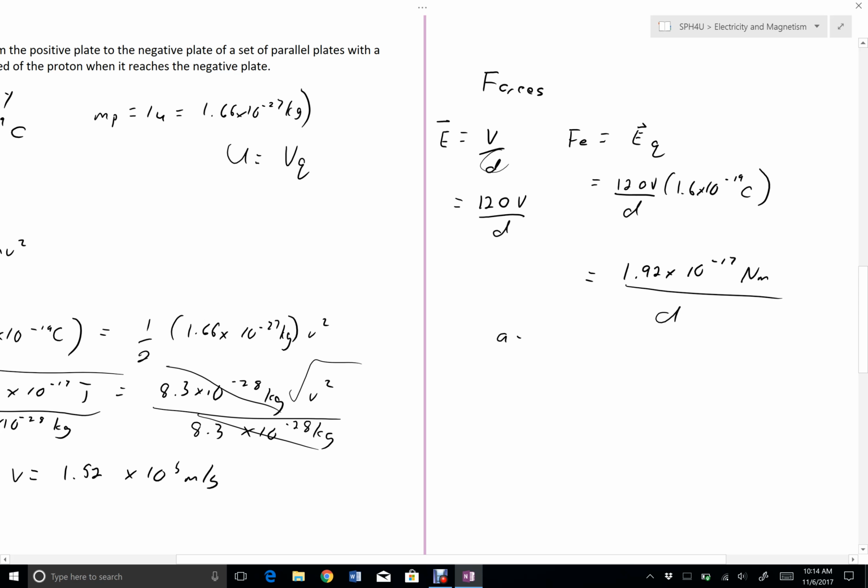So my acceleration would be force over mass. Should be 1.92 times 10 to the negative 17 Newton meters divided by my distance, all divided by my mass. My mass for one proton is still 1.66 times 10 to the negative 27 kilograms.